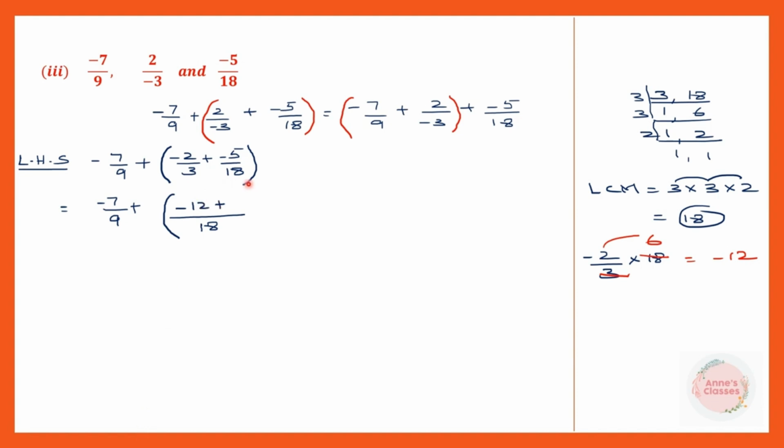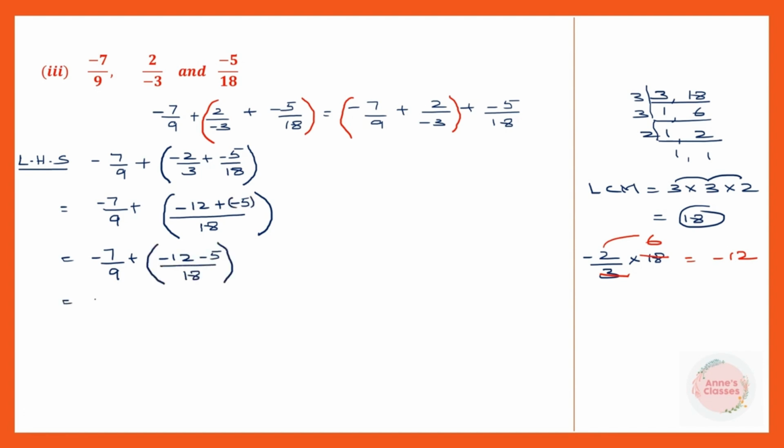The denominator is the same, 18 and 18. So we can write the same numerator also, minus 5. Okay, so now let's remove the brackets. So this becomes minus 7 by 9 plus minus 12. Now this is within brackets. Minus 12 minus 5 by 18.